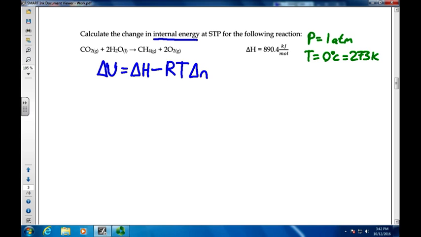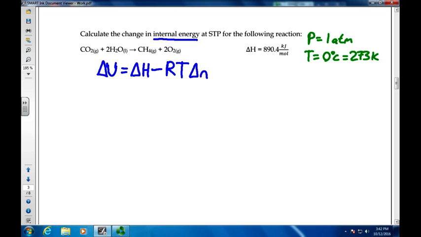So the first thing we're going to want to do is look at the change in moles. When it's asking for the change in moles, it's asking for the change in moles of a gas, specifically. So coming off to the side again, we can look at how many moles of gas we have in the product versus the reactant.